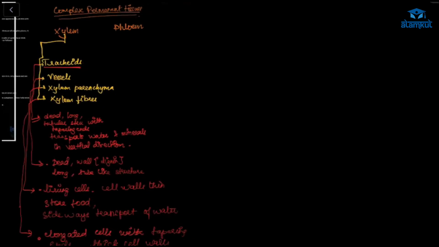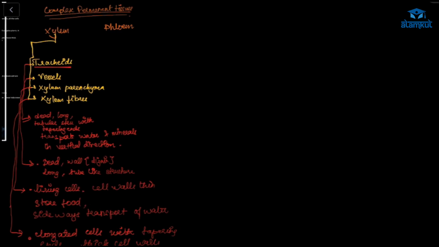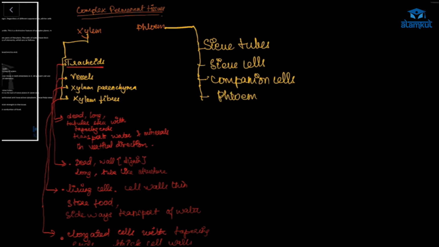Now we have the phloem. This phloem has five types of cells. What are those? Can anyone tell? Sieve tubes, sieve cells, companion cells, phloem parenchyma, phloem fibers.